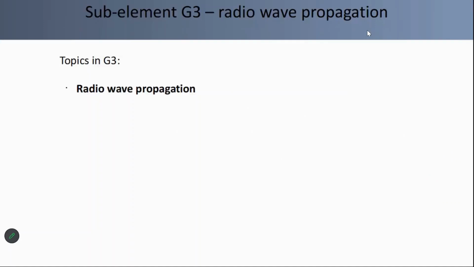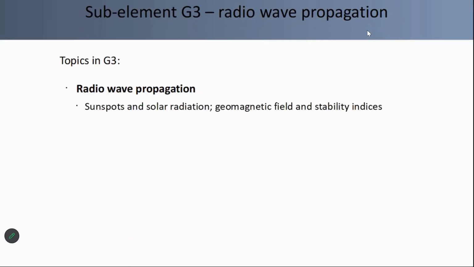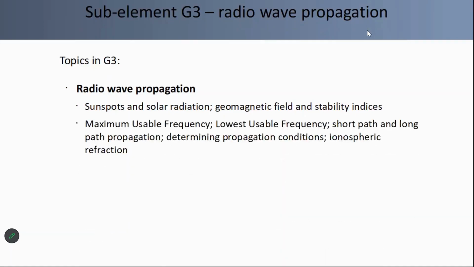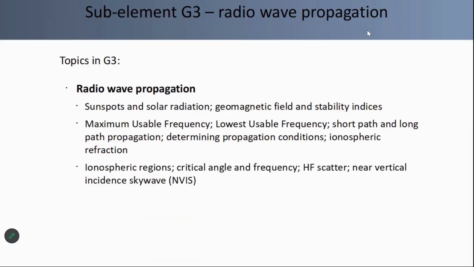So what are the topics in the G3 element? Radio wave propagation is the general subject. There are 3 categories. One group of questions covers sunspots, solar radiation, geomagnetic fields, and stability indices, maximum usable frequency, lowest usable frequency, and short path, long path, etc. The third group gets into the nitty gritty, the ionosphere.